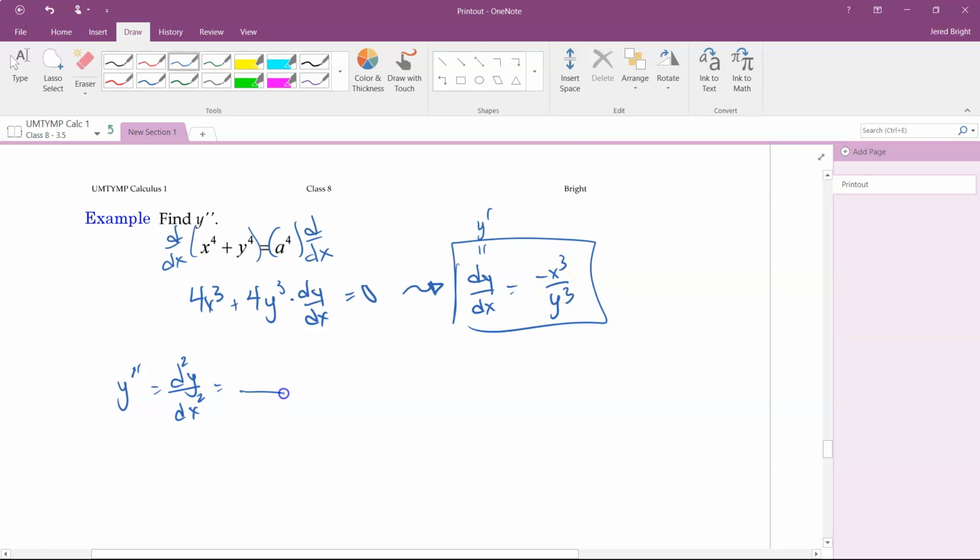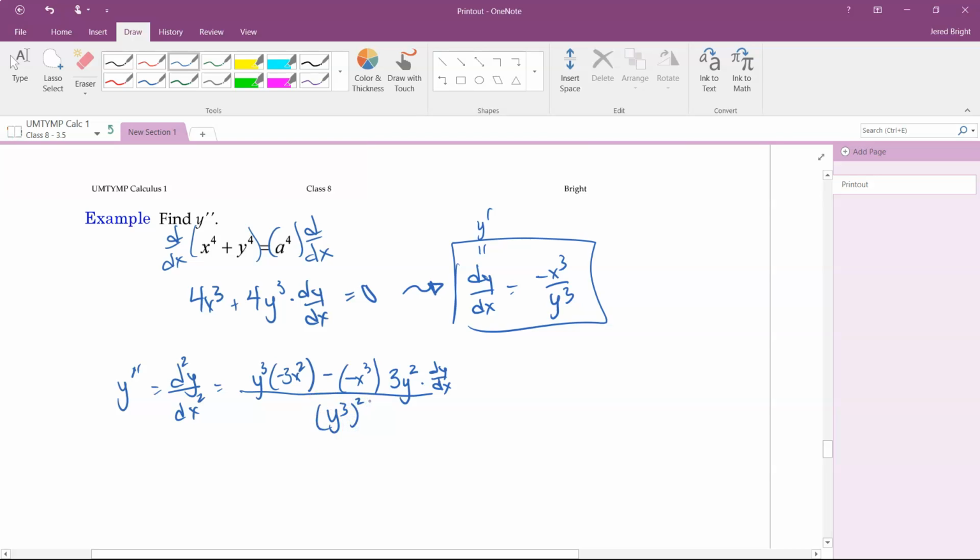Quotient rule says I need to do low, and then d high, I'm going to chunk the minus with the x, so d high, so minus 3x squared, dx/dx, okay, and then minus high, d low, so now 3y squared times the derivative of y, so dy/dx, all over low squared.